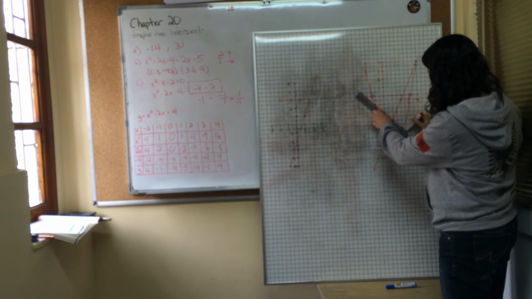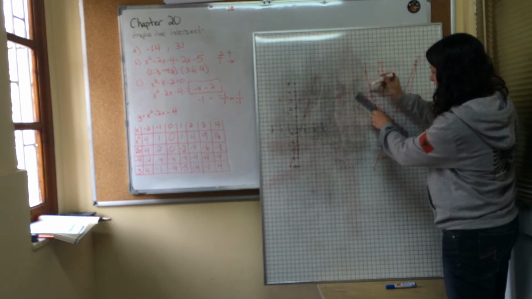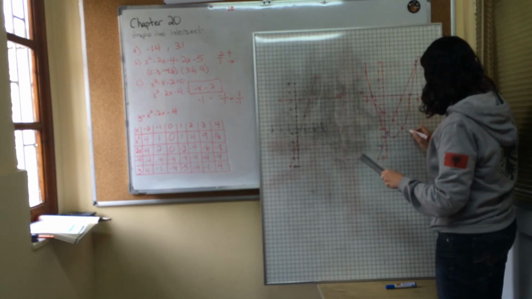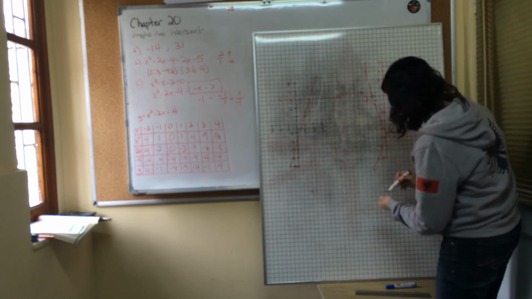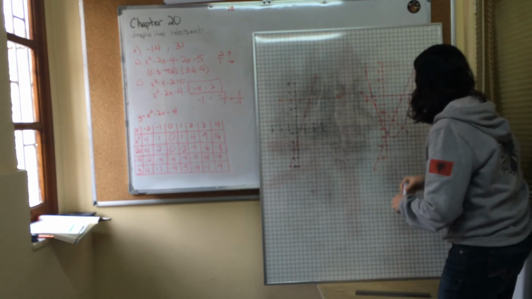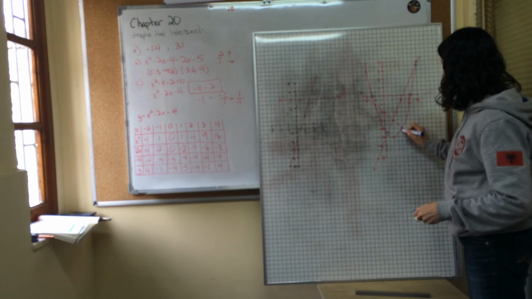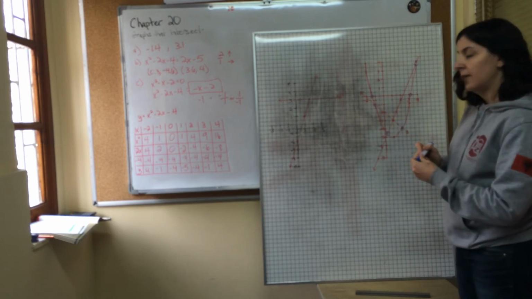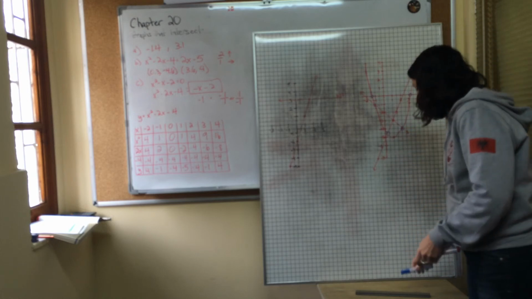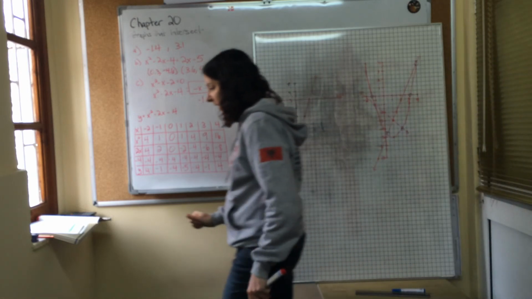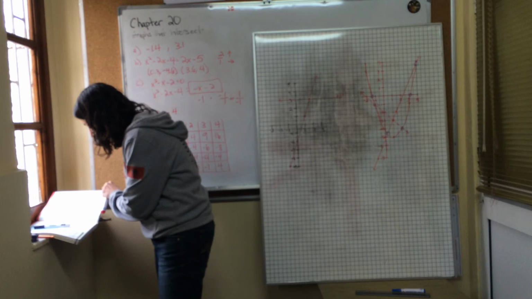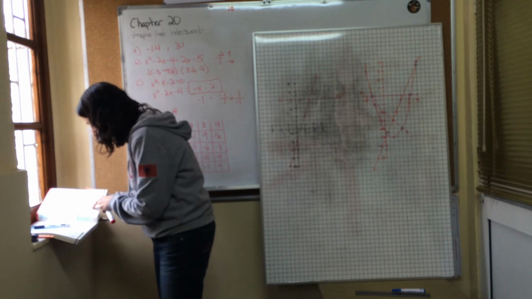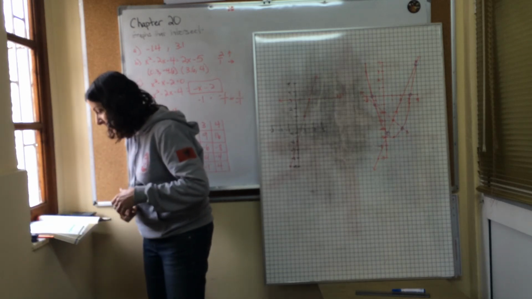And then asking us for its intersection with a quadratic equation. So these points of intersection are going to be this point and this point. And they ask specifically on this one for the point, use the graph to find the positive solution of the equation.